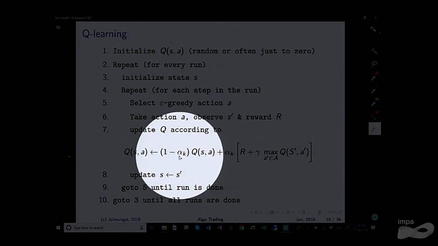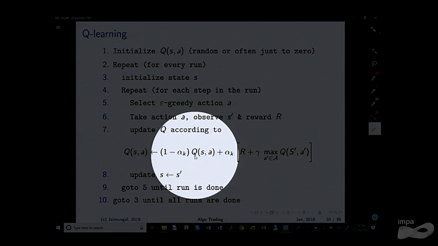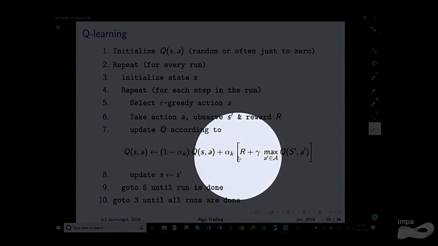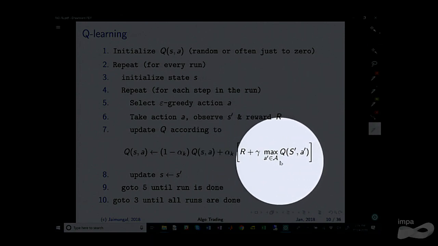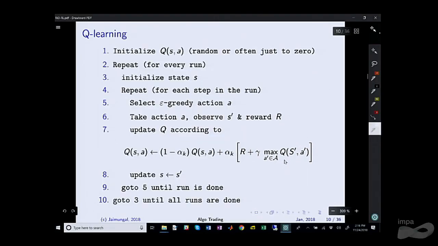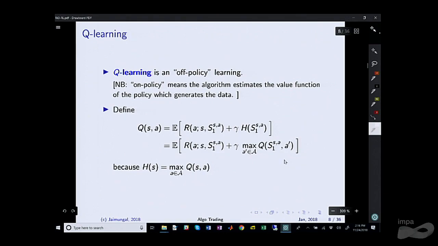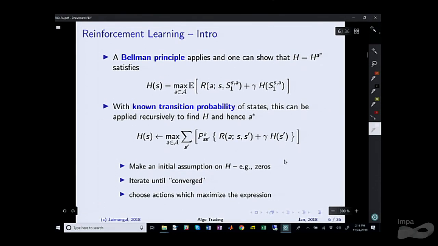It's somehow 1 minus alpha, where alpha is going to be a number that's going to go to 0, times your current estimate of Q, plus alpha times the reward you received, discounted, plus, if you look at that object there, that max over Q S prime A, which is effectively your current estimate of the value function. So what's in the square bracket, if I go back, is kind of like what's on the right-hand side of this equation without the expectation.